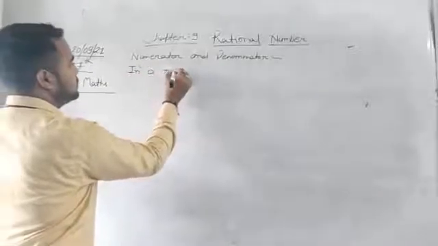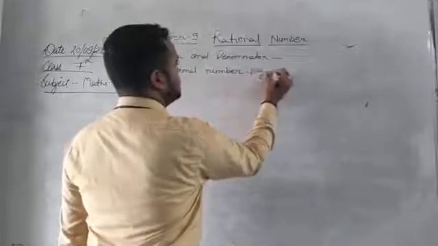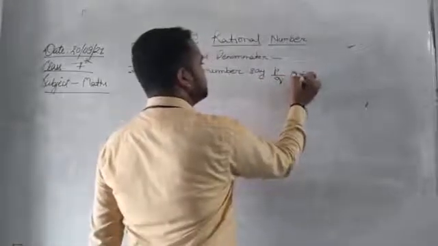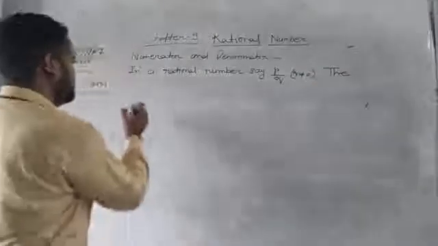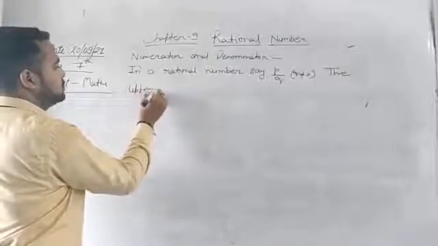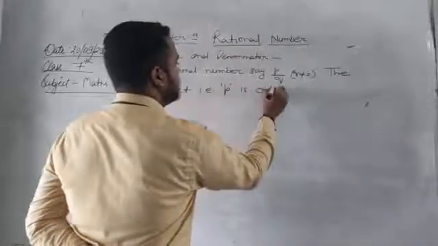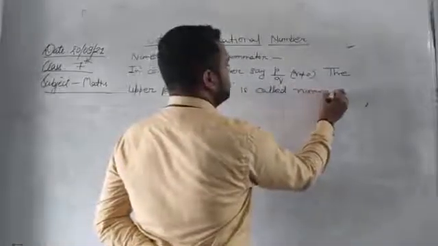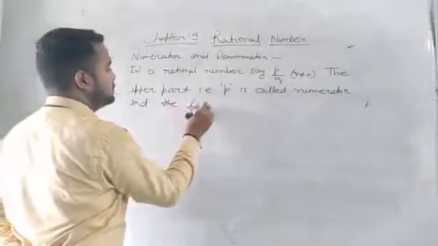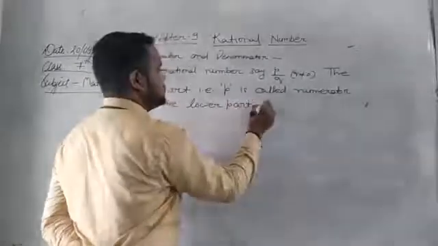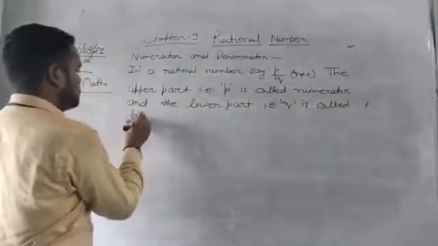In a rational number, say p by q, where q is not equal to 0, the upper part, that is p, is called the numerator, and the lower part, that is q, is called the denominator.